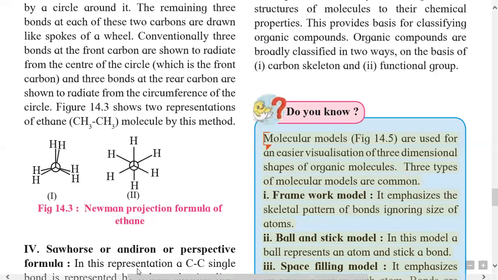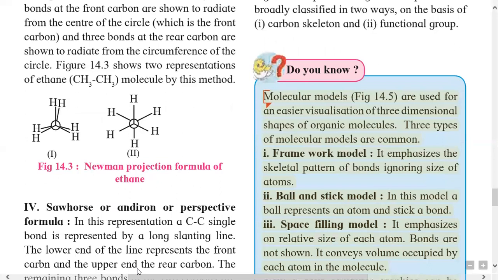That is seen in the second structure of the Newman projection formula. So this type of Newman projection formula can be drawn.